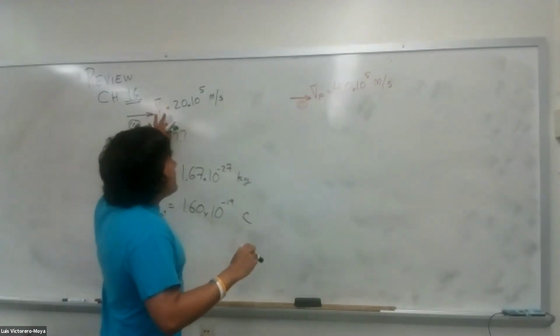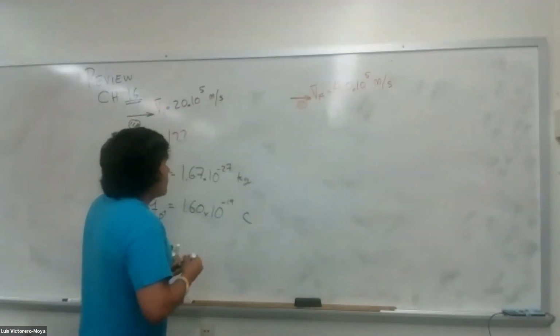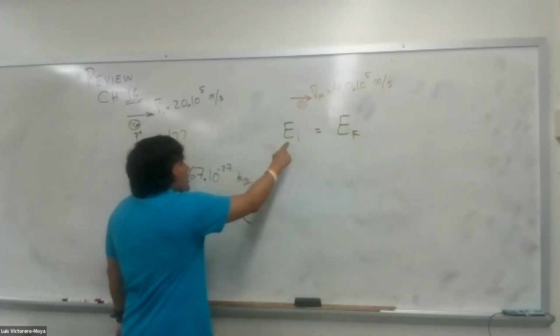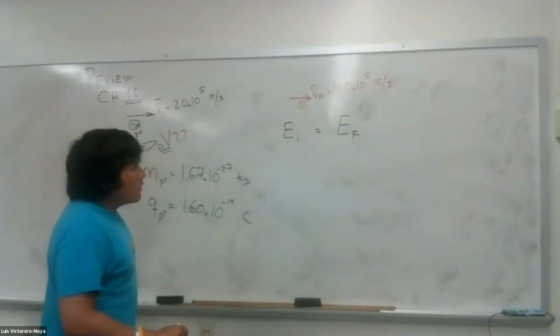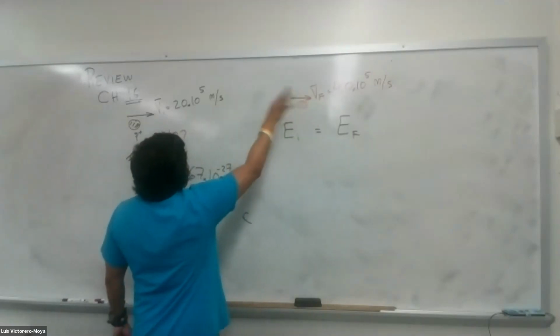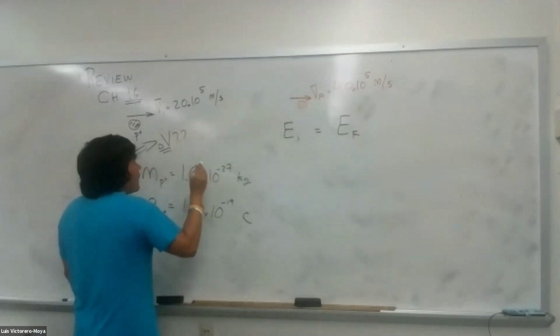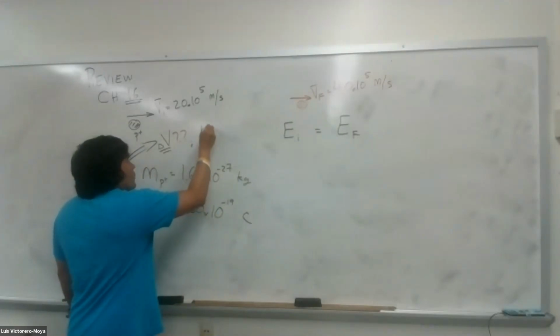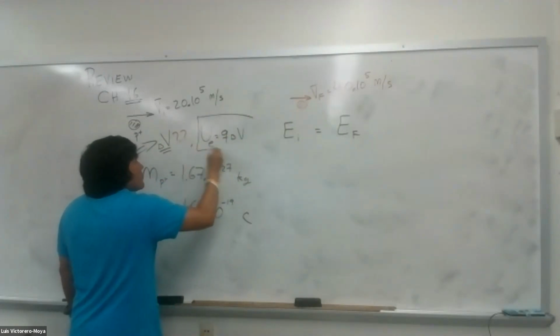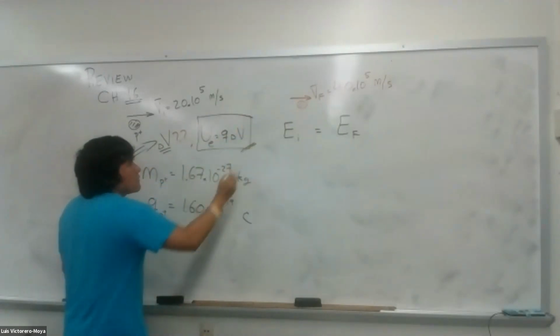What's making the energy increase? That's what you have to use. Initial energy equals final energy. What's making the velocity increase? The UE, Q delta V. That.